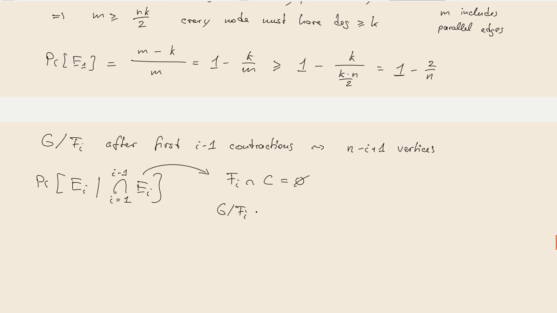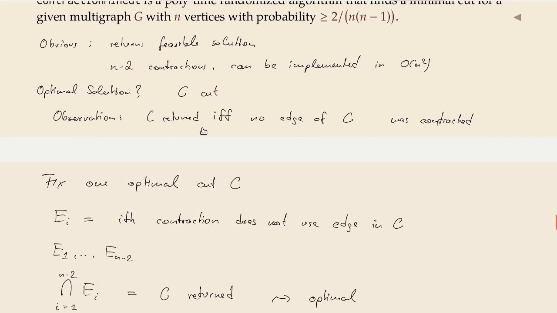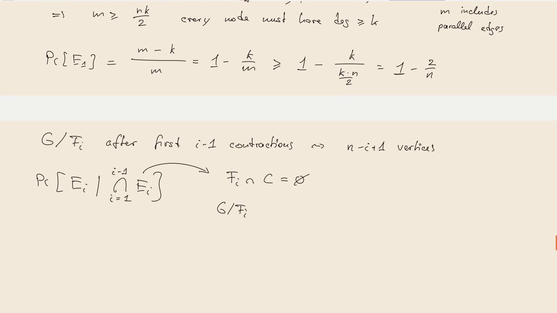Before, we only said that for the entire run of the algorithm, but actually we need that here also. So we said if we didn't contract any of the edges, then we return this. Now we're looking at an intermediate graph where we contracted a few edges, but none of the ones in C. And we have to show that this cut then still is a minimum cut in this resulting graph.